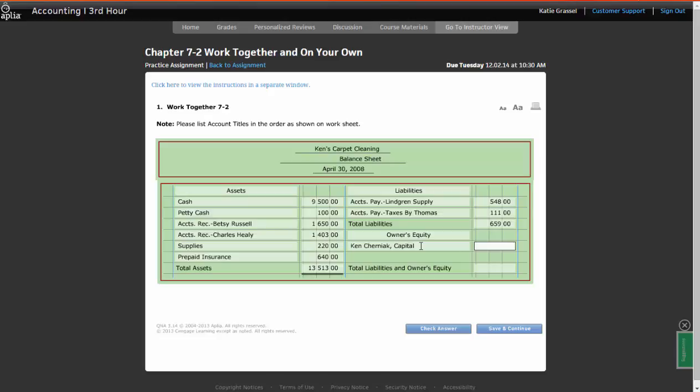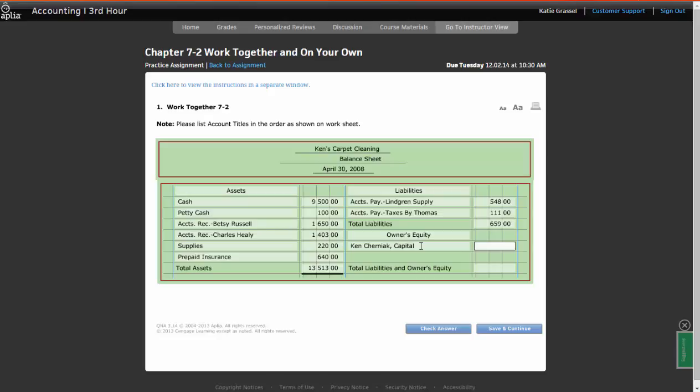So to calculate our new capital, you have to do this on every balance sheet. Number one mistake that is made here: you are going to take your capital from your worksheet, you would add your net income and subtract your drawing. What is our net income? How do we know? It says it on your worksheet. Or if you had prepared an income statement for this, you would look there.